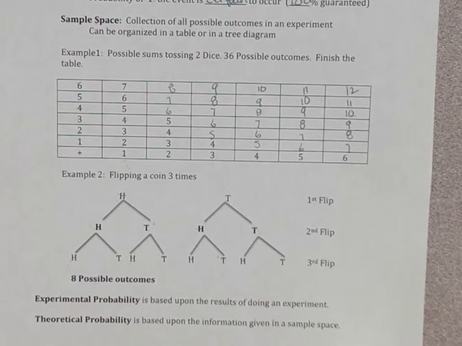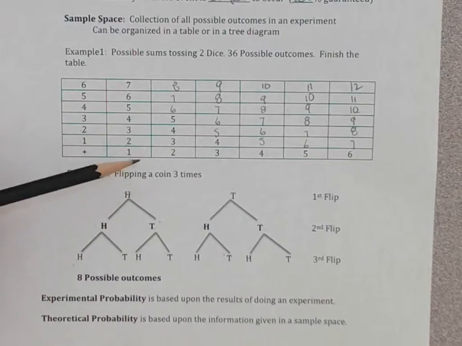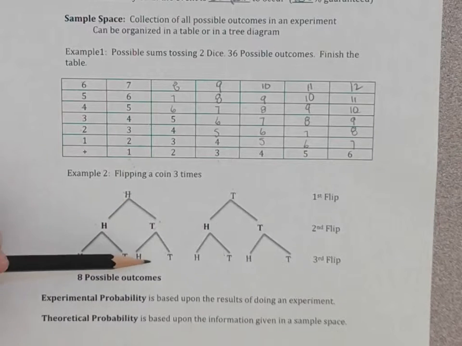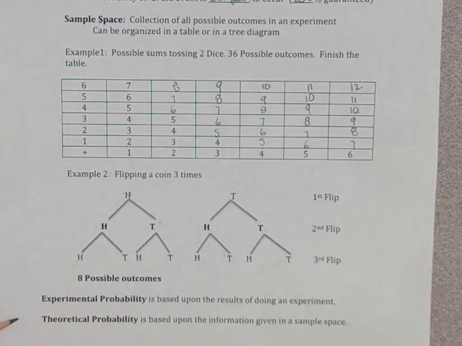If we looked at the theoretical for this one, we'd say if we flip the coin 3 times, the probability of getting all heads is going to be 1 out of 1, 2, 3, 4, 5, 6, 7, 8. So one's based on an experiment where you actually do something, and the other one is based on theory, where it's based on your sample space that you're looking at and what the outcomes look like in that sample space. We'll be doing some activities on probability.